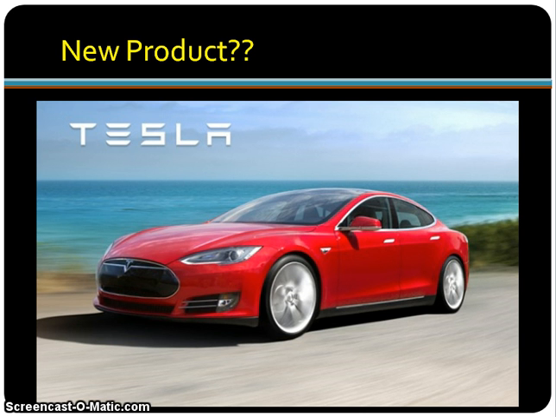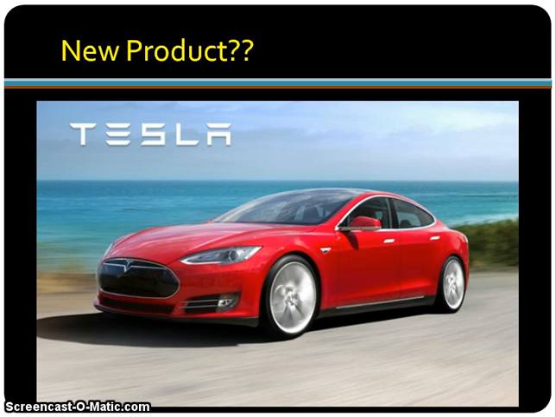So take a look at this example here. So I hope everyone knows what Tesla is. It's an electric all-charged car. I would argue that this is a new product. Take a moment to think, what kind of a new product? Is it new to the world, new to the market, new to the seller, or some combination?